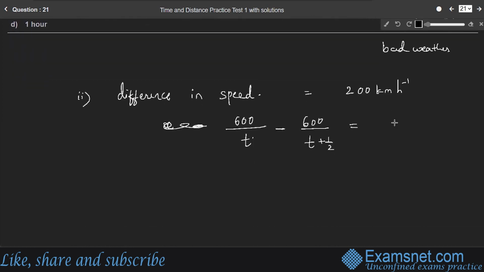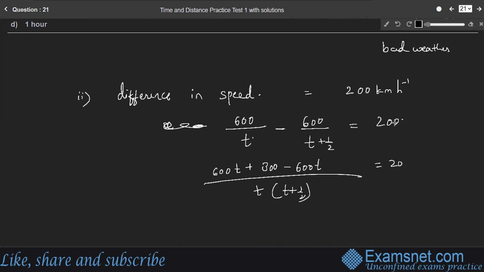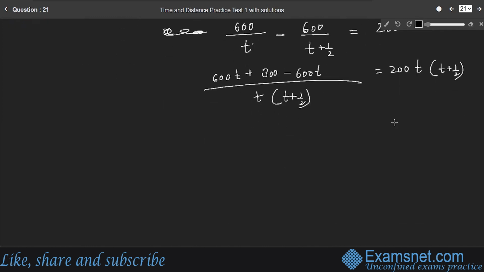Due to bad weather, the difference in the speed of the flight is 600 by t minus 600 by t plus half, equal to 200. On simplification, t into t plus half is the LCM, and the numerator becomes 600t plus 600 into half, which is 300, minus 600t, equal to 200t into t plus half. We cancel 600t and 600t.